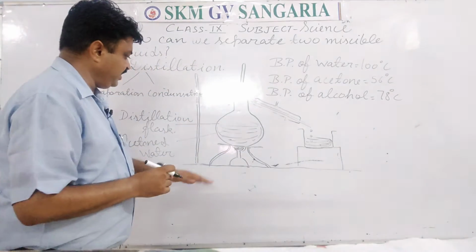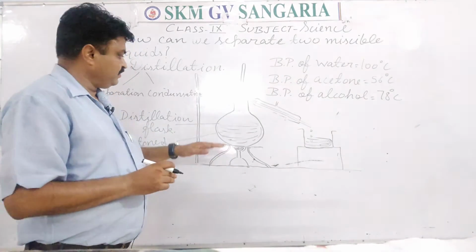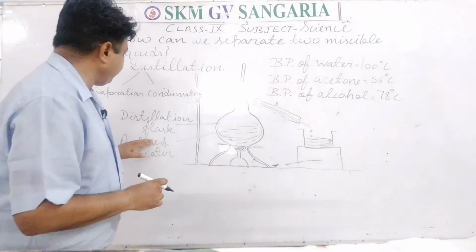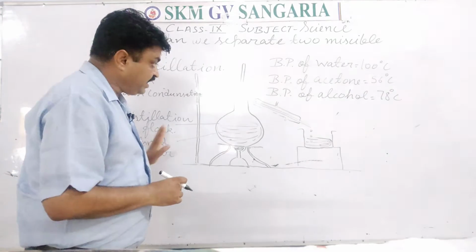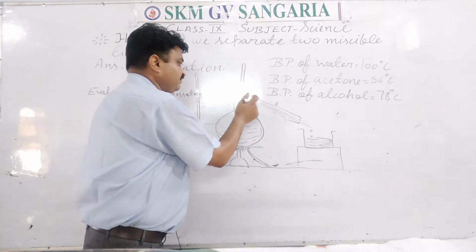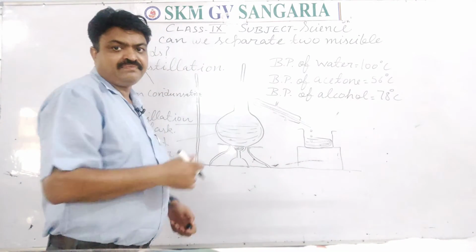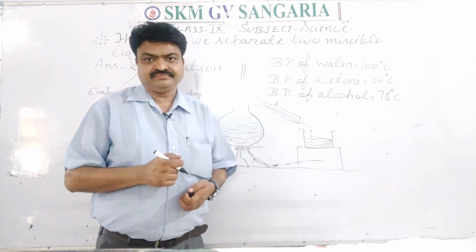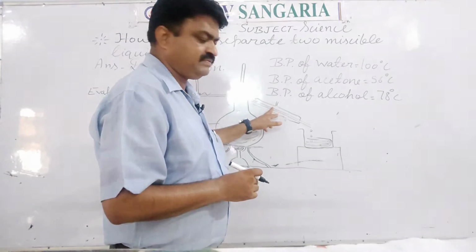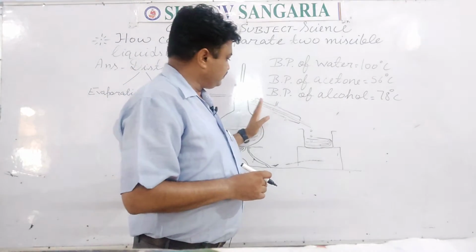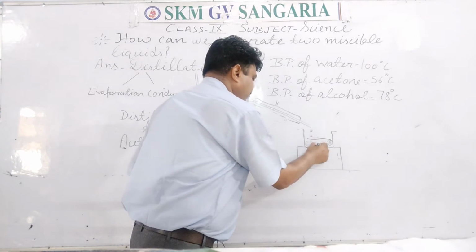So first, what will happen, students? First we heat it, and the liquid that will evaporate first is acetone. When the acetone comes into this condenser pipe, that acetone gas is converted into liquid due to condensation, and that acetone will be collected in another flask.